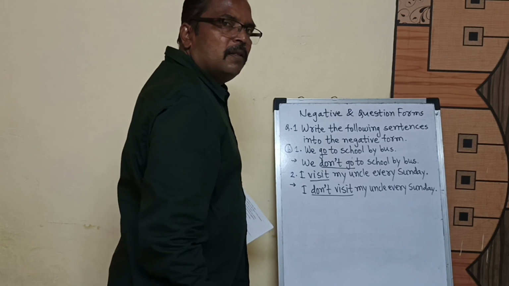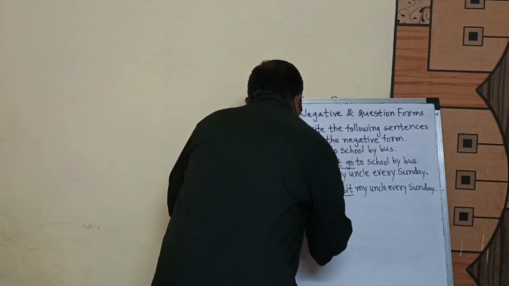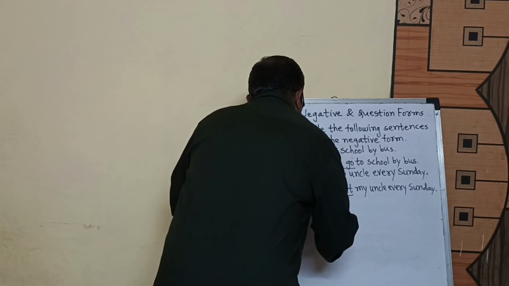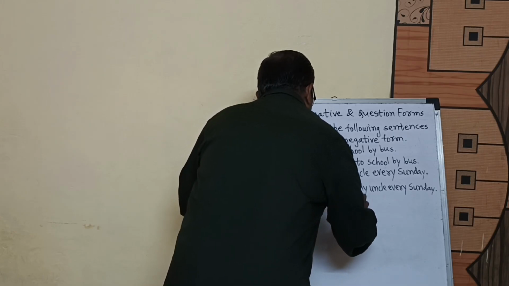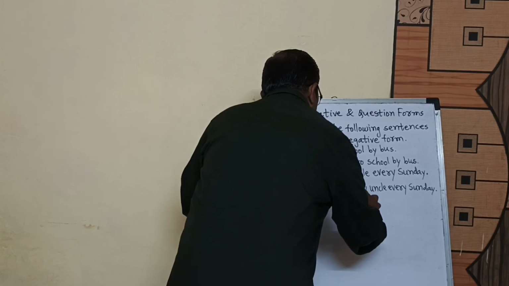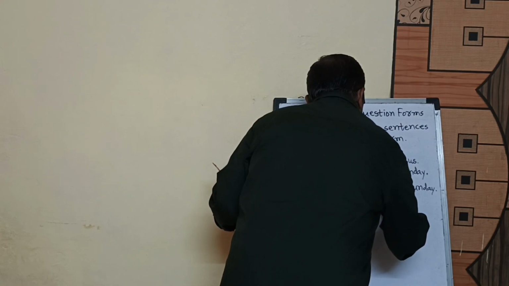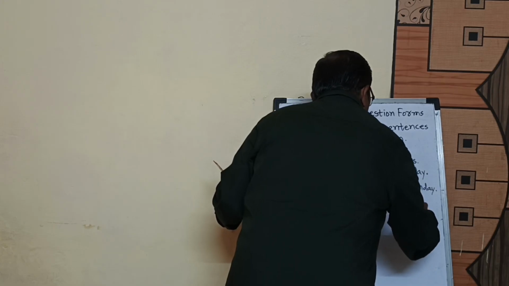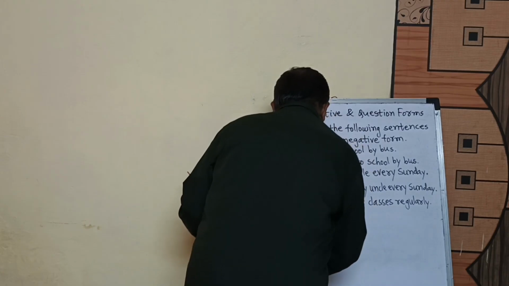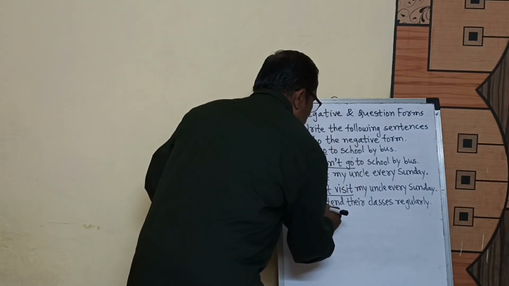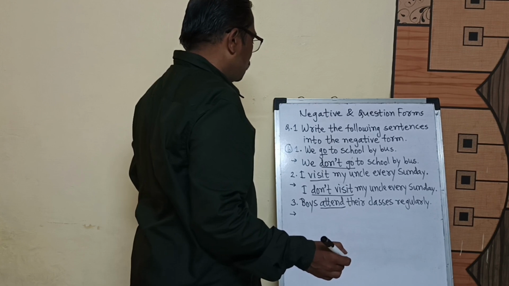Now let's solve number three. Boys attend their classes regularly. In this given sentence, attend is the V1 form of the verb.